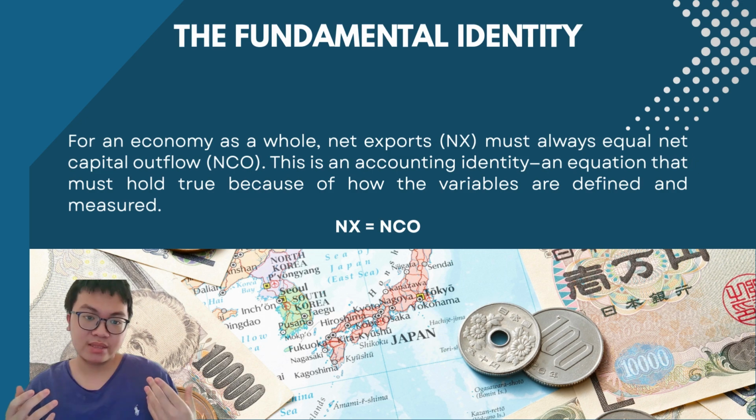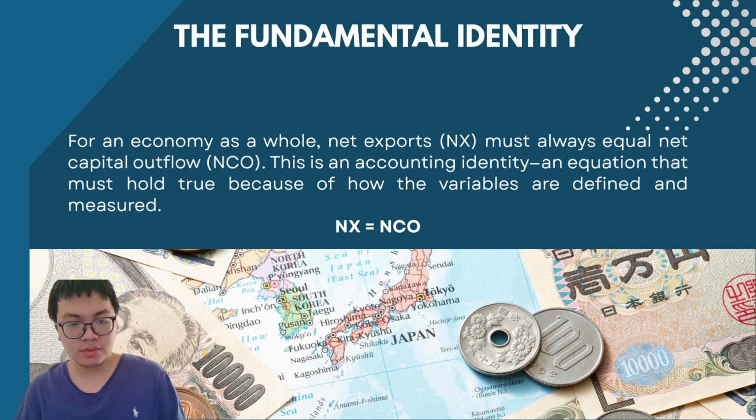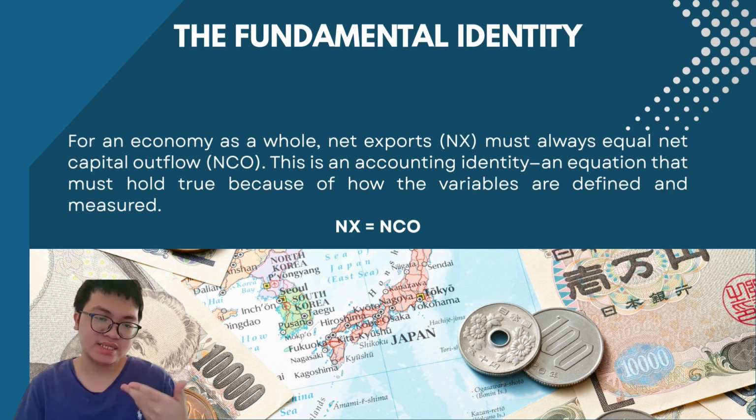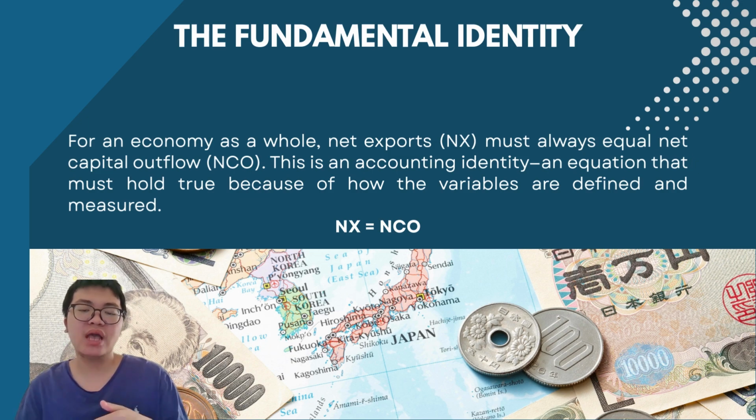Now with this fundamental identity in mind, we could review a crucial link between domestic economic activity and international flow. With the equation for the gross domestic product being Y equal to C plus I plus G plus NX, by rearranging the equation and incorporating a definition of national saving, we could conclude a powerful relationship that saving S equals domestic investment I plus net capital outflow NCO.